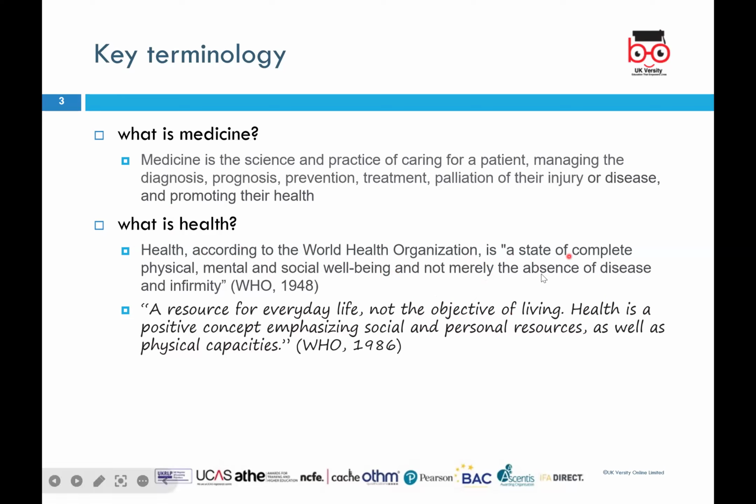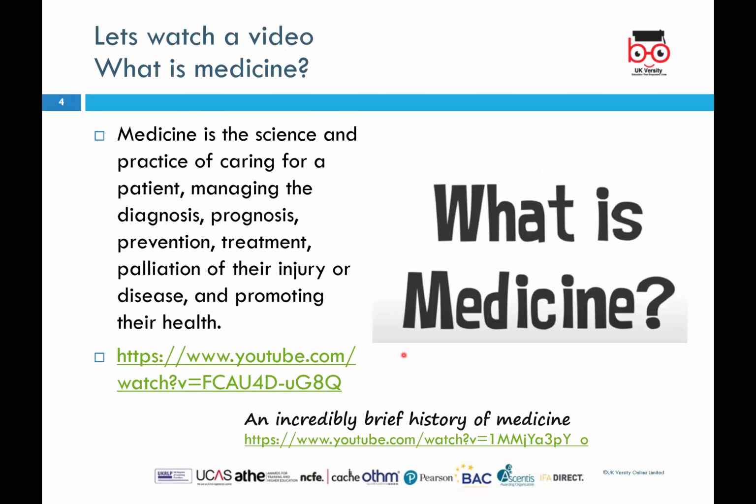So only absence of disease is not health. It has to be complete physical, mental, and social well-being. It is a resource for everyday life, not the objective of living. Health is a positive concept that emphasizes social and personal resources as well as physical capacities, according to WHO.